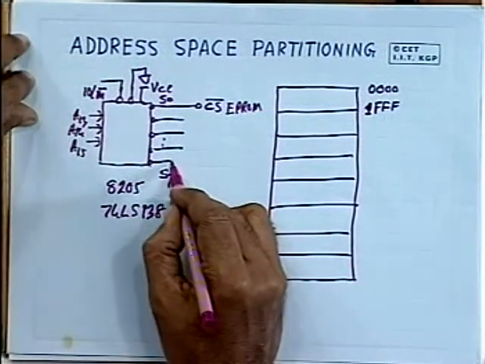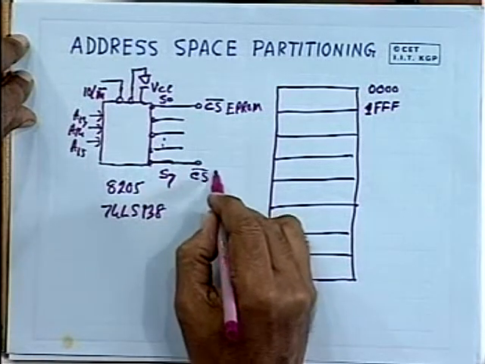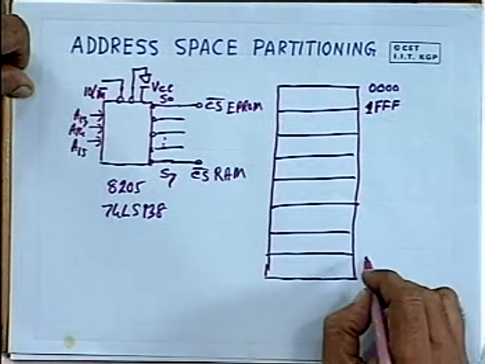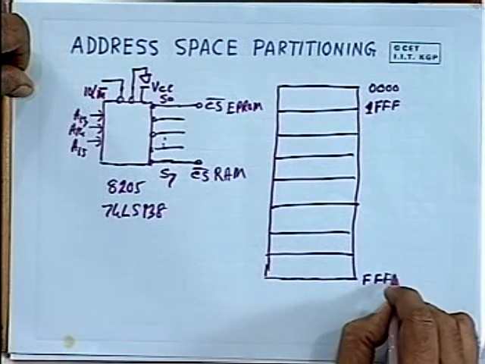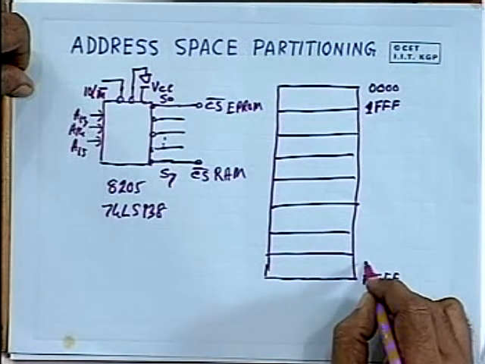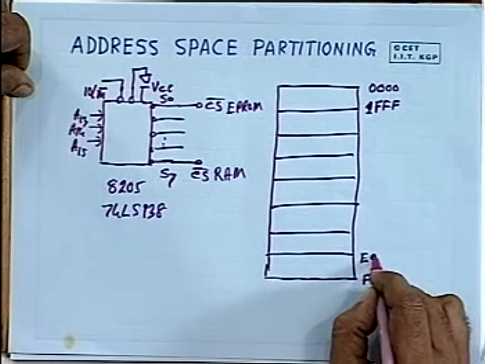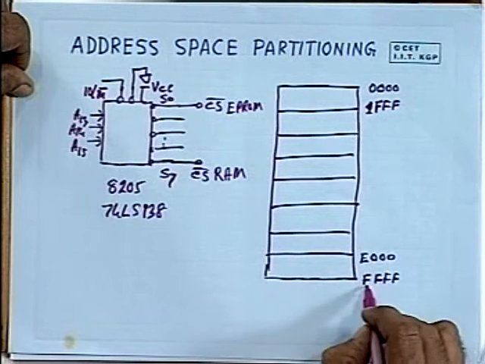And if we use the last line as the chip select of RAM, then the corresponding address will be the last address FFFF, and the other part will be E000, E000 to FFFF.